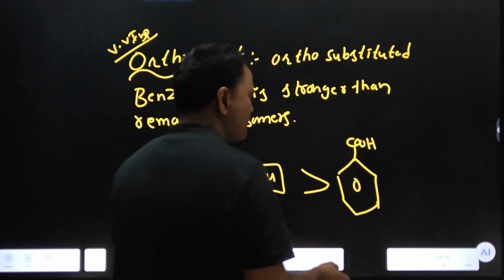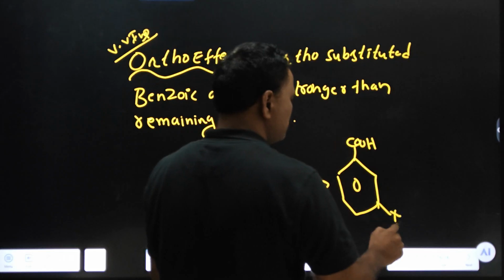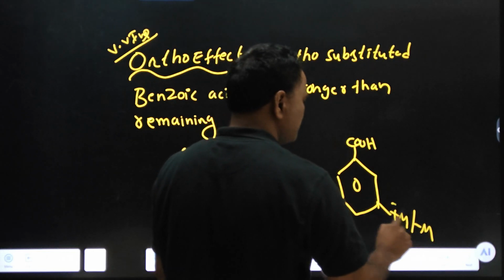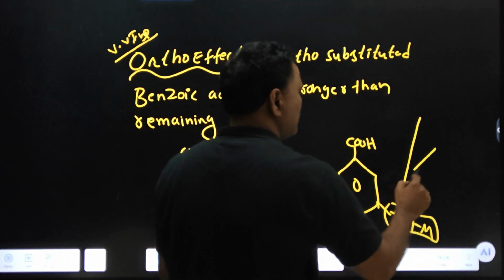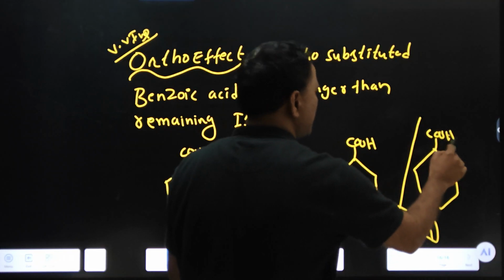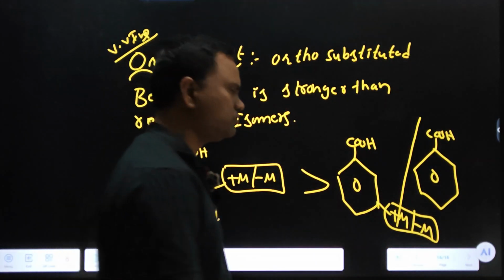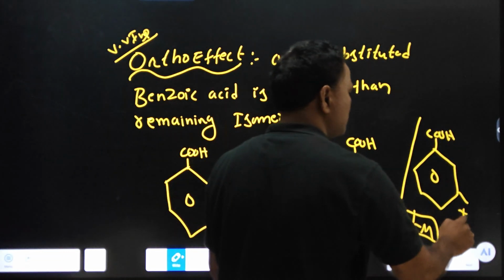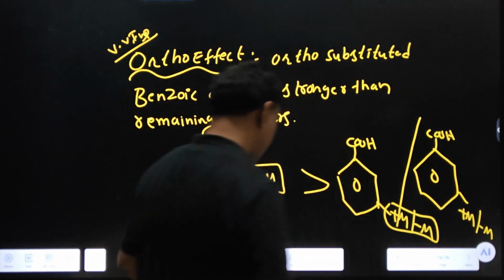Remaining means para, plus M or minus M, and meta. Later we will discuss between these two, which is more.